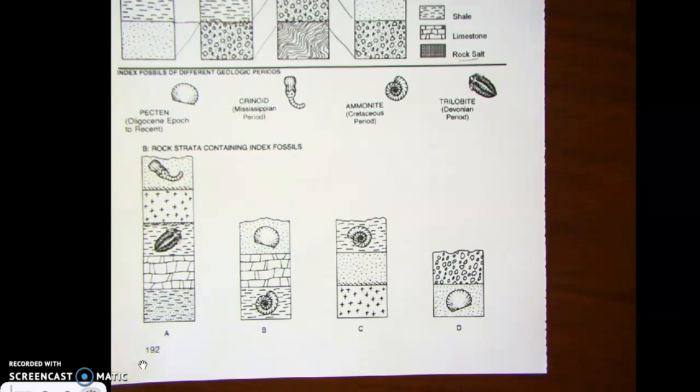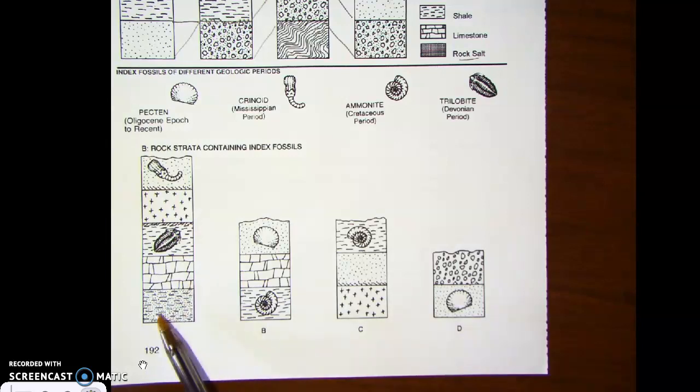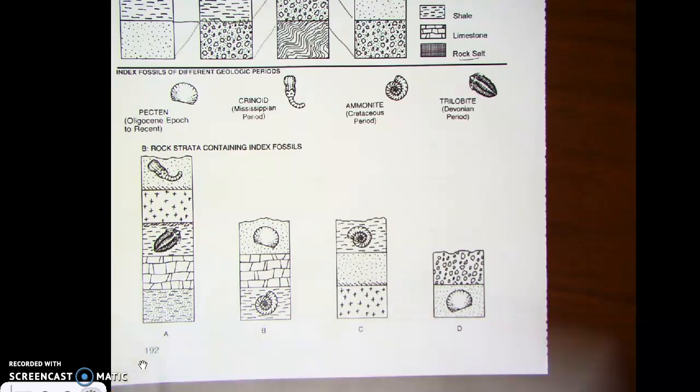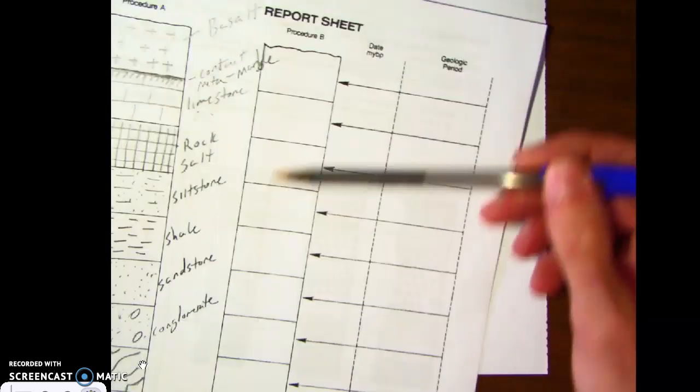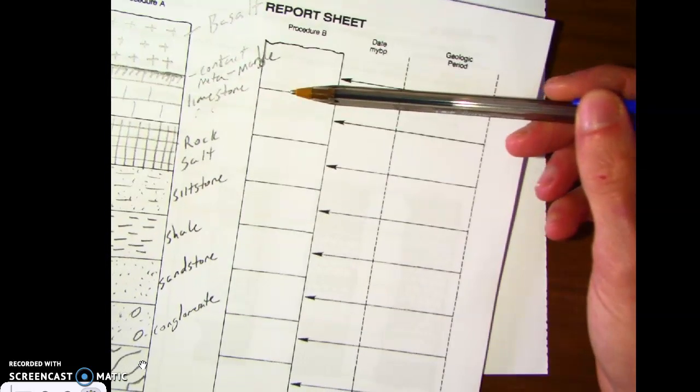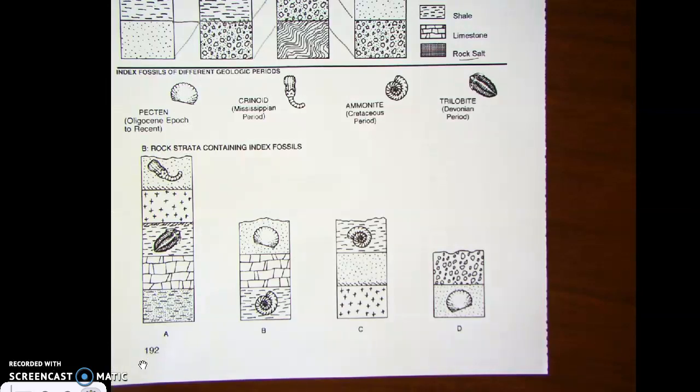This is a little bit easier than what we did in procedure A. So basically what we're going to do is take the columns for A, B, C, and D and combine them together to make one complete column and draw that here under procedure B. And again, I'll walk you through that.